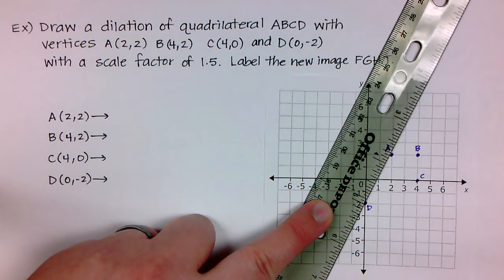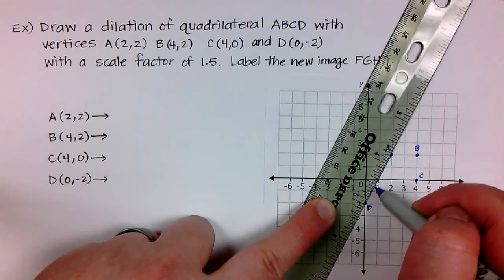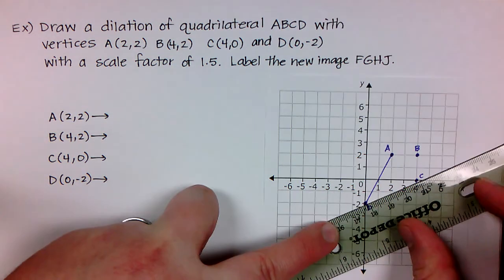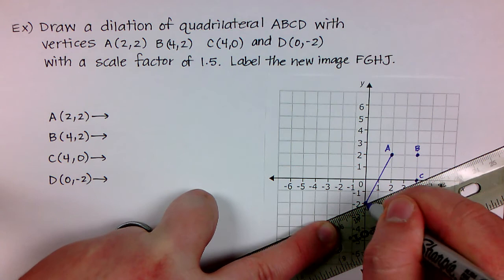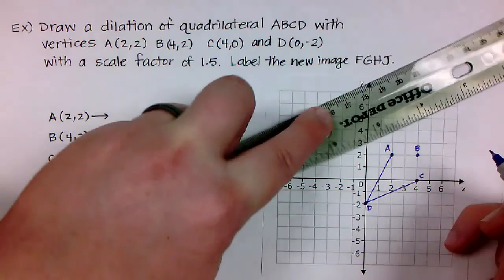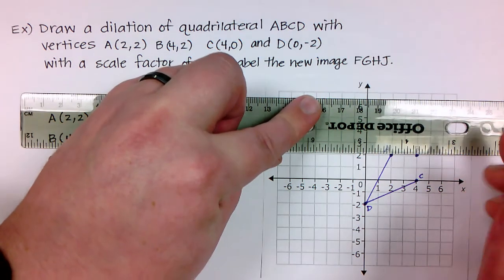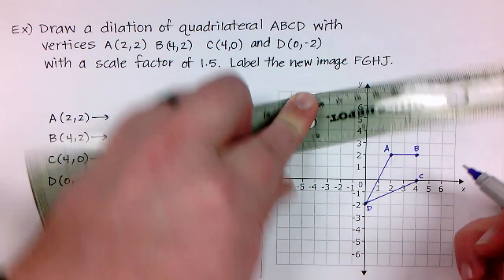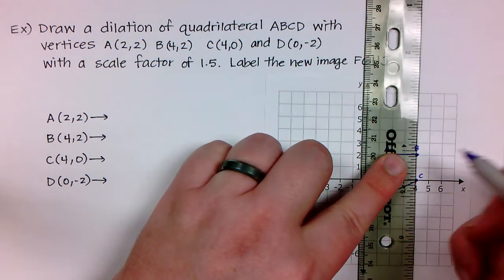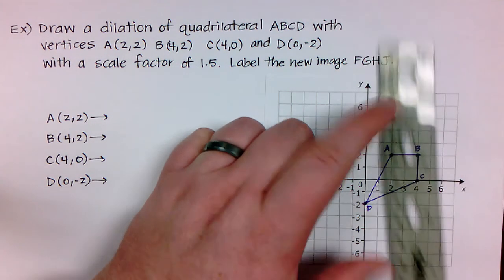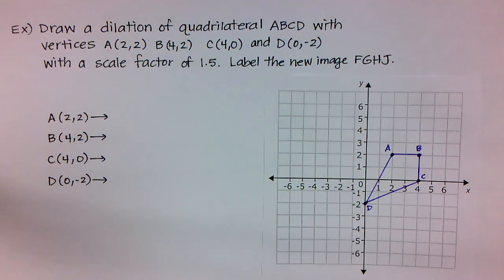If I connect these dots in order, A, B, C, D, it looks kind of like I have a kite. Awesome.